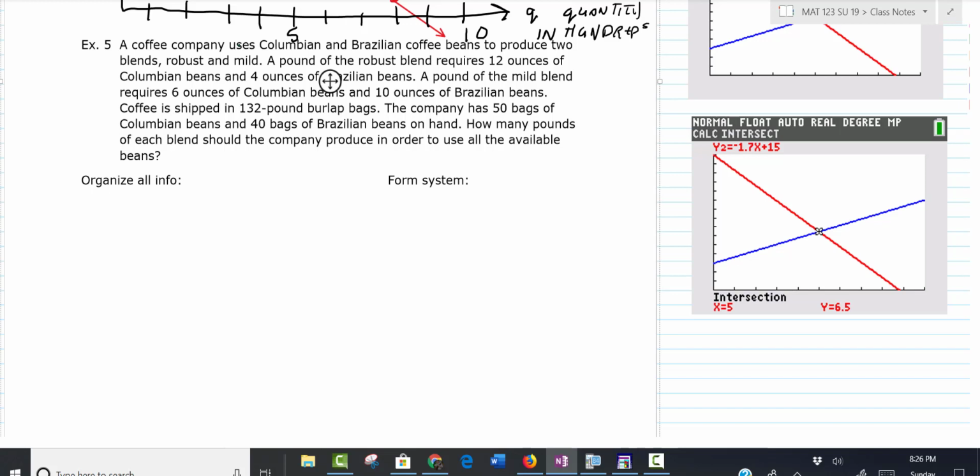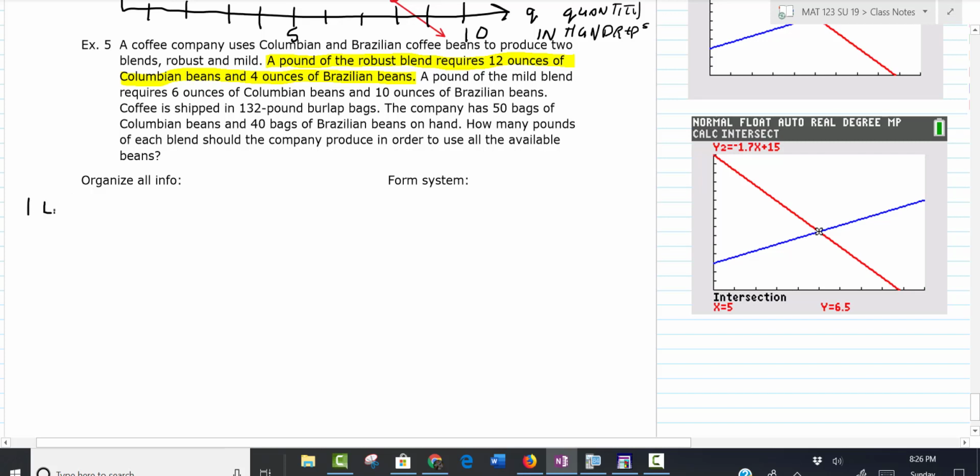Then it says a pound of the robust blend requires 12 ounces of the Colombian beans and 4 ounces of the Brazilian beans. Now what I'm going to do is I'm going to just highlight that, and I'm going to write down what that just said. Because right now I don't have a clue how to do this problem. I haven't even read it yet. But this is kind of what I do. So I'm going to just write down information myself.